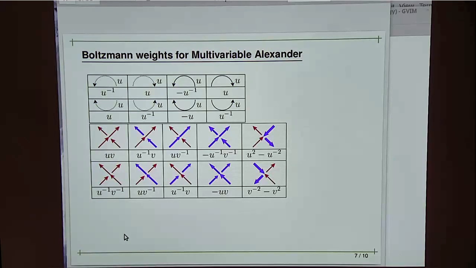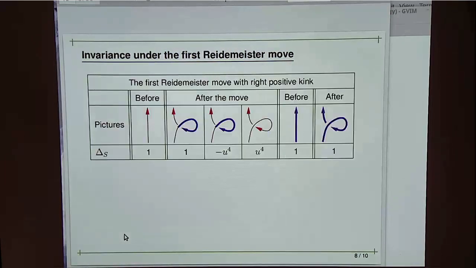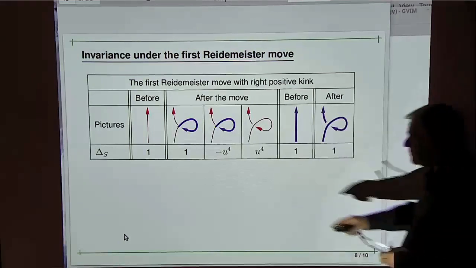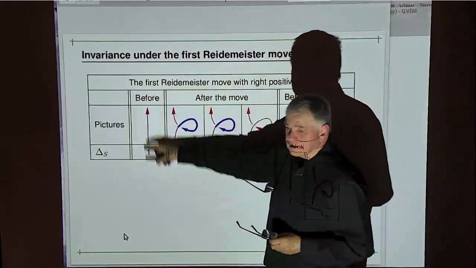Okay. Then let us consider what's happening with the state sum. Consider invariance with respect to the first Reidemeister move. I didn't put here all the pictures. There are more pictures. But anyway, if we fix coloring at the endpoints of this fragment, we have to consider just those pictures.